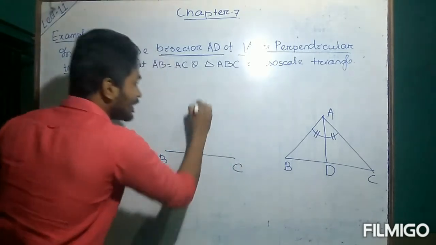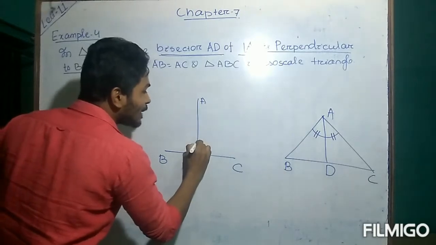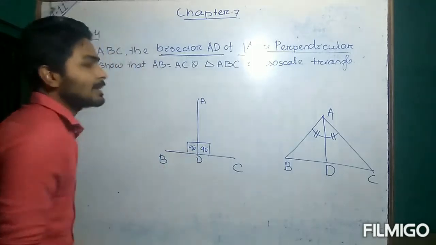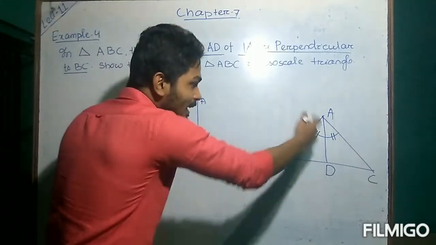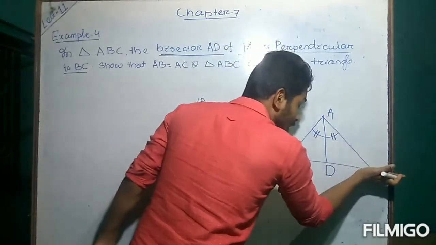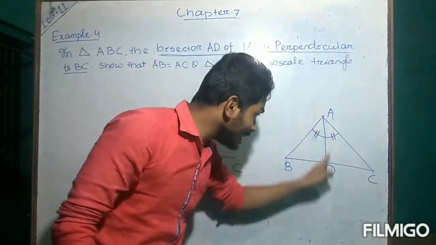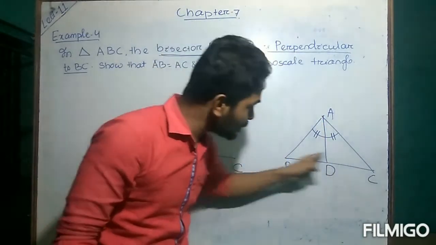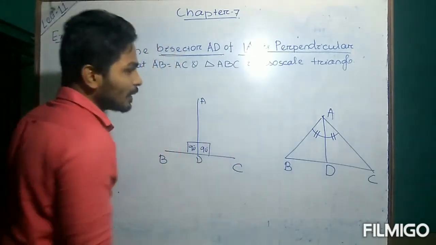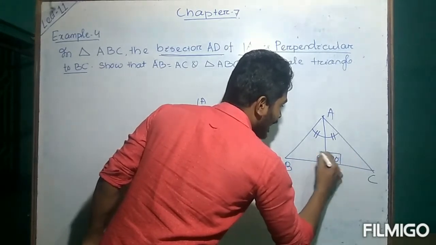On this line, the bisector AD is perpendicular. Perpendicular means it is 90 degrees to the line BC. So similarly here the angle bisector AD is perpendicular to the line BC, which means it intersects BC at an angle of 90 degrees.